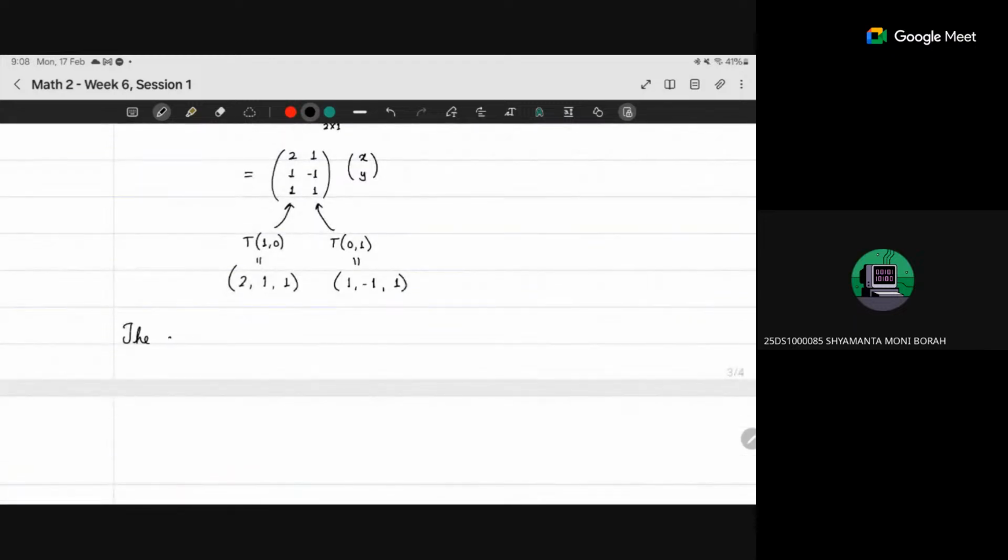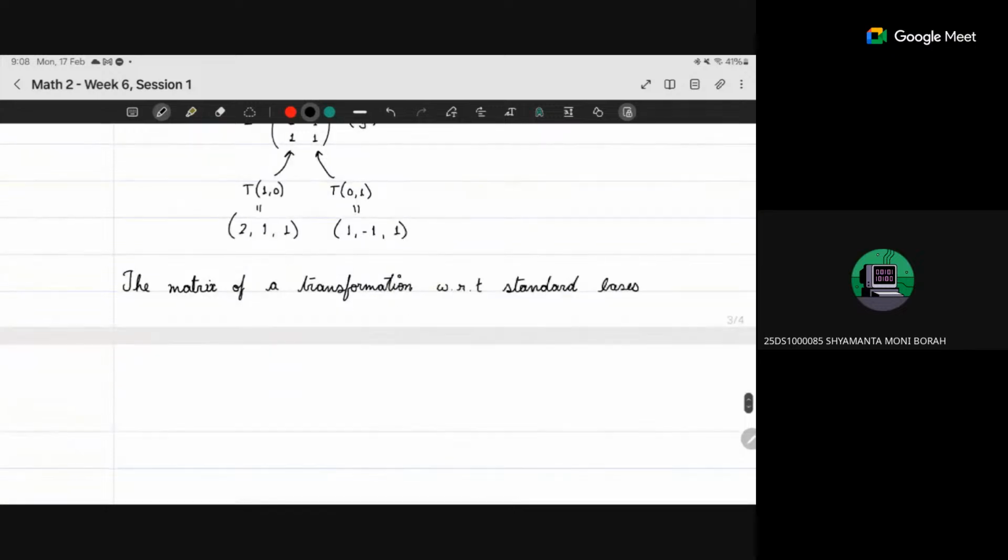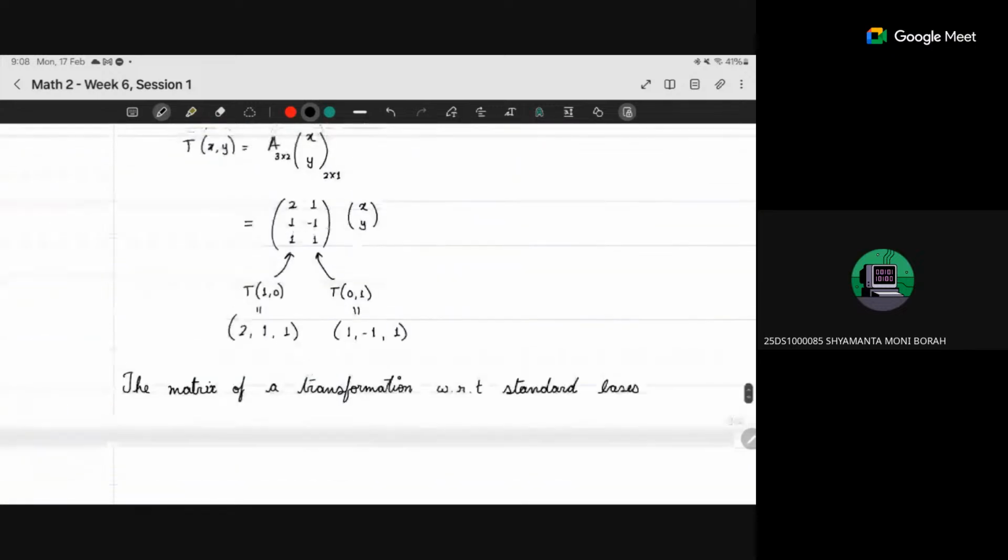So the matrix of a transformation, I'll write with respect to the standard basis, and I'll explain what with respect to the standard basis means later.